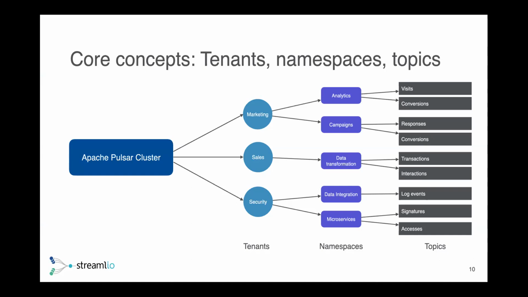A marketing team, a sales team, a security team, an analytics team would each constitute a tenant. You can implement security at that level to prevent access to your data structures underneath. All of your data would belong to that tenant, and only the people within that group should be able to access that data, which gives you some security and privacy around the data.